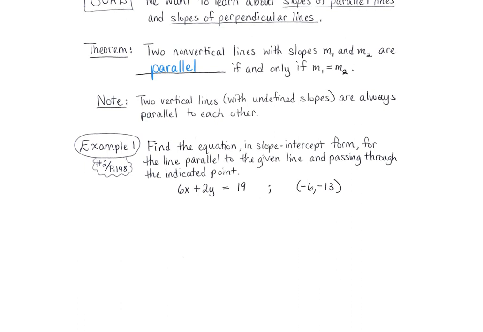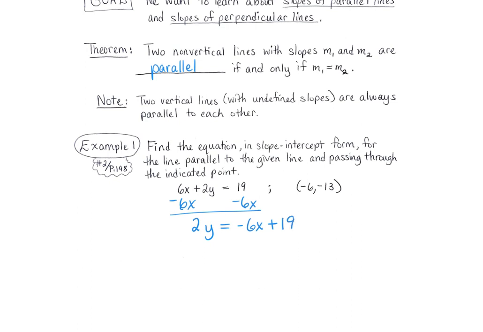Okay. So we have 6x plus 2y equals 19. Our goal is to solve this for y first so we can identify our slope. So what do we do first? Subtract 6x from both sides to get 2y equals negative 6x plus 19.